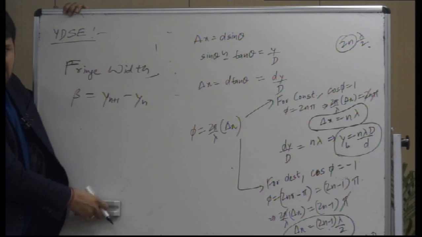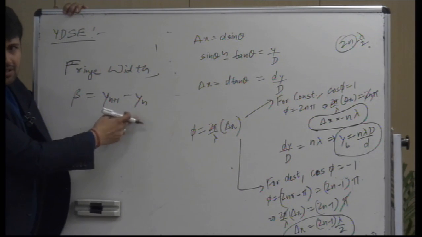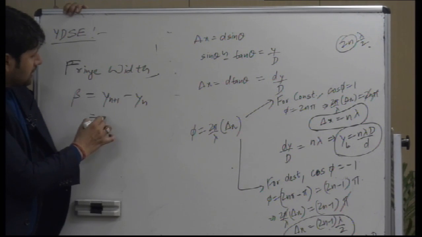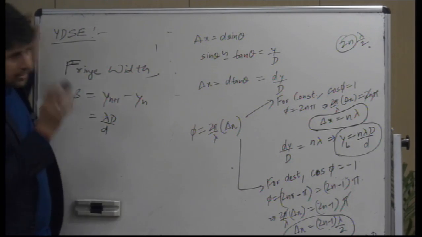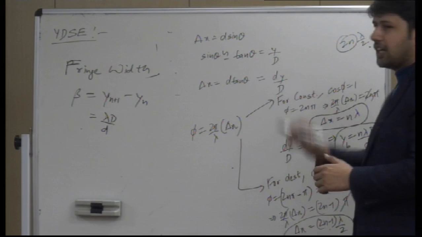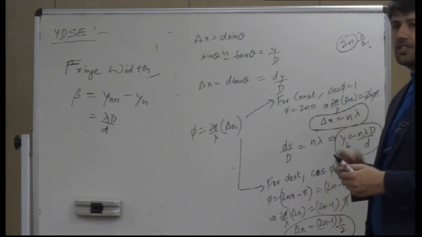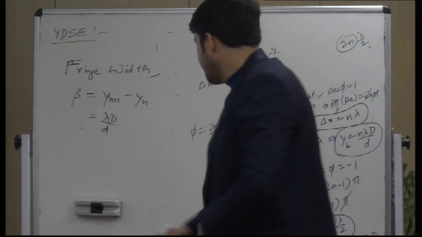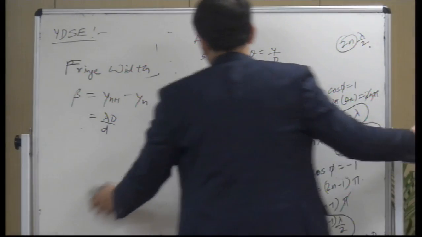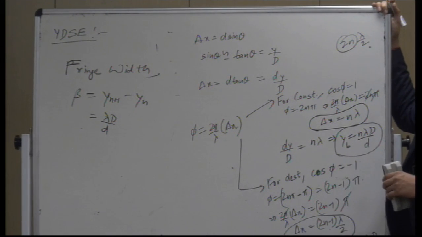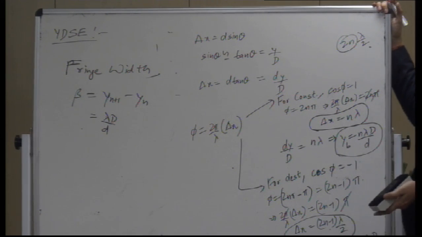This can be y2 minus y1, y3 minus y2, and so on. You can obviously calculate this would be lambda capital D by small d. Even for dark one it is same. The separation between two consecutive dark fringes is still the same. So now from here onwards let's discuss something different. These are the trivialities which you already know. I just wanted to recap it.